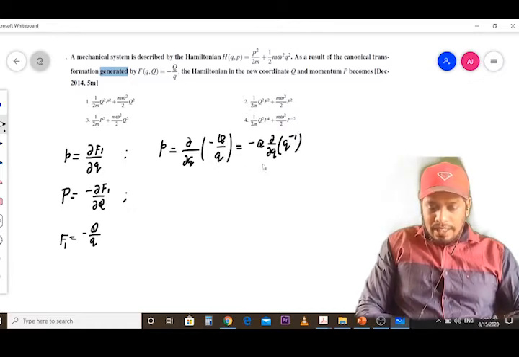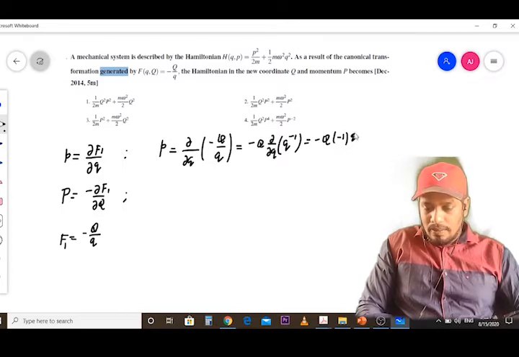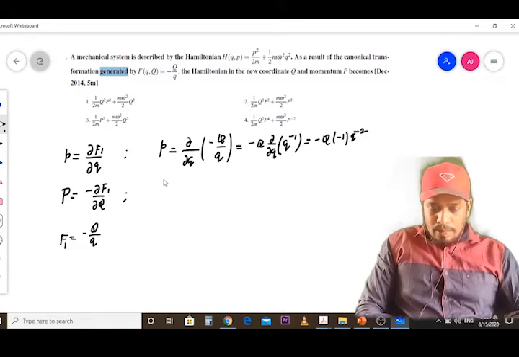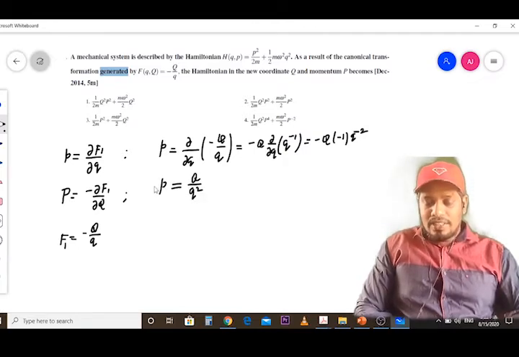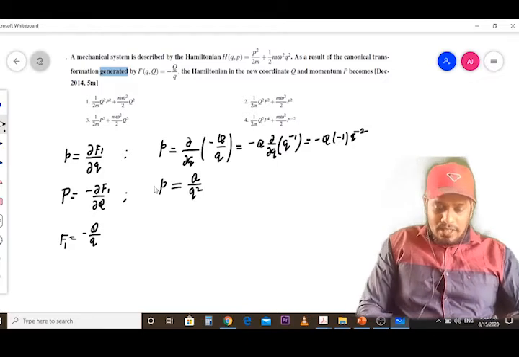Taking the derivative, minus 1 times q power minus 2. So the small p is equal to plus capital Q by q square. This is the first relation we get from the first equation.